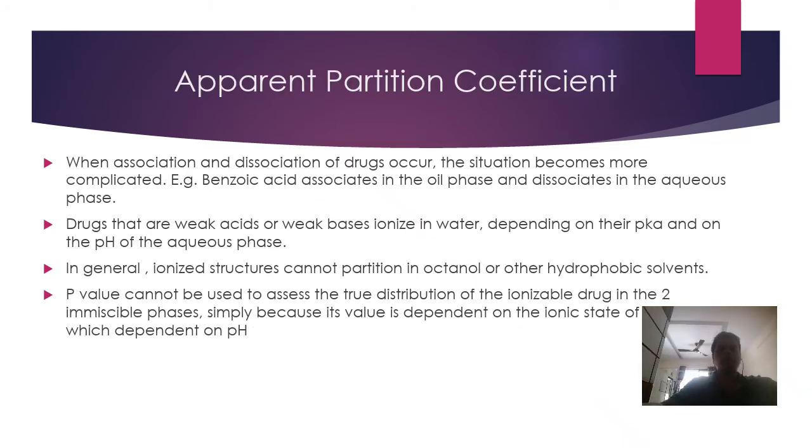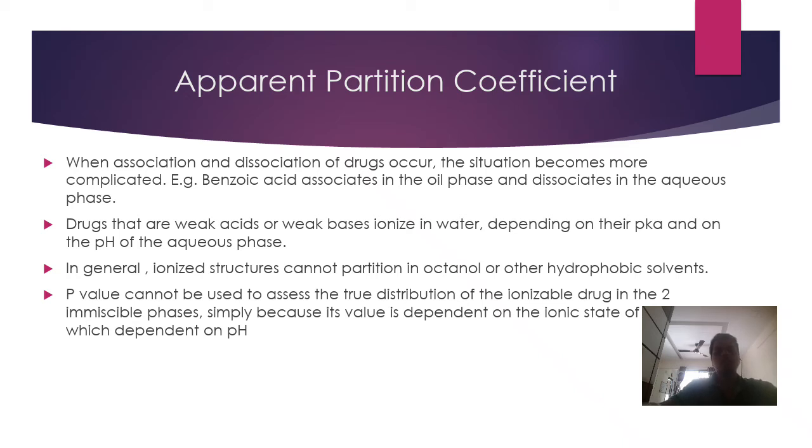Now what do you mean by the apparent partition coefficient? When association and dissociation of the drug occur, the situation becomes much more complicated. For example, benzoic acid associates in the oil phase and dissociates in the aqueous phase.